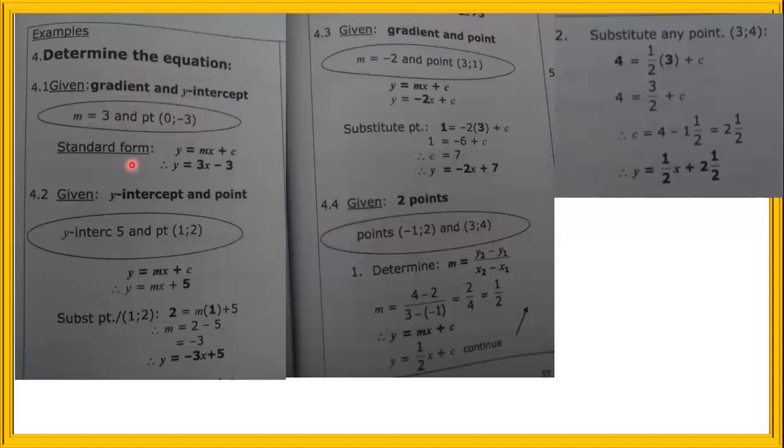Now, we know that in standard form, this is how we write the equation of a line. It's always y is equal to mx plus c. Now let's write the equation from the information given. So y is equal to, in place of m, what do we put?